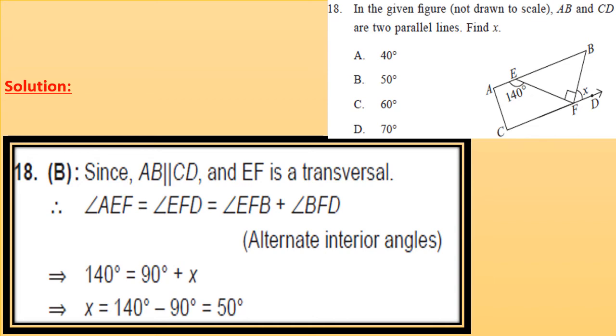Now angle EFD equals angle EFB plus angle BFD, and angle EFB is 90 degree. So 140 degree equals 90 degree plus x. So x will be 140 minus 90 degree, which equals 50 degree.